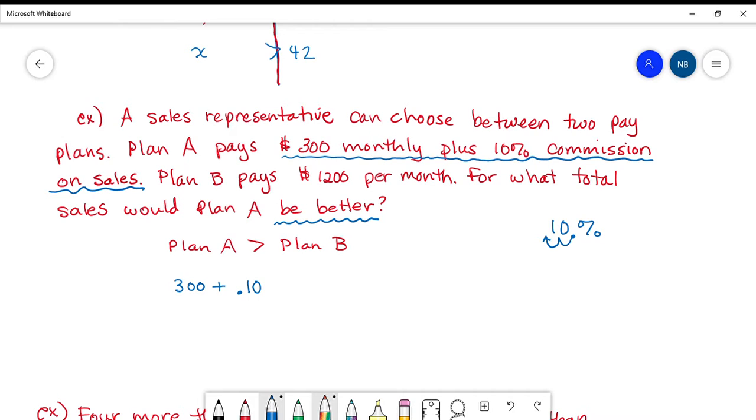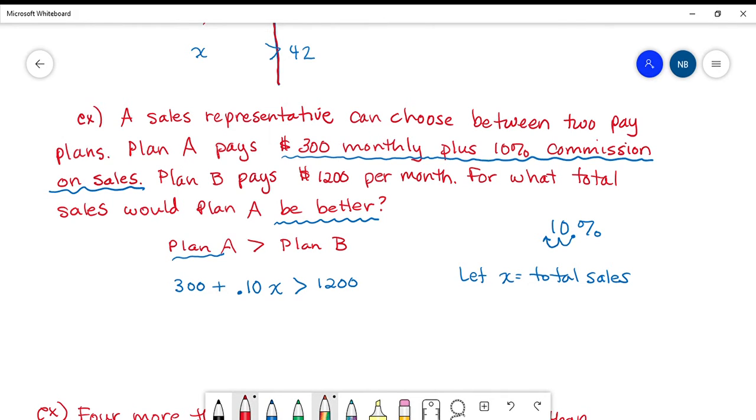So we need to multiply the 10% by sales, which we're going to represent with X. So let X equal total sales. Now this is Plan A. We need that to be greater than Plan B. Well, Plan B is just straight up $1,200. So all we need is a $1,200 on the right.